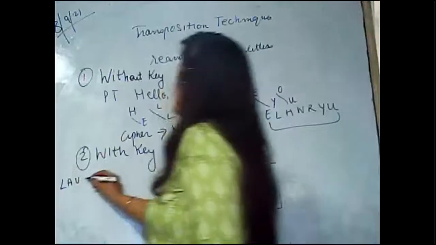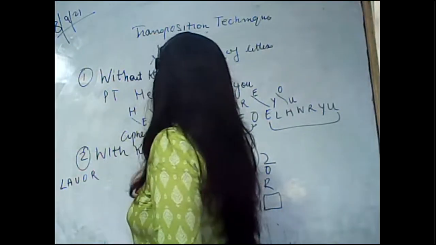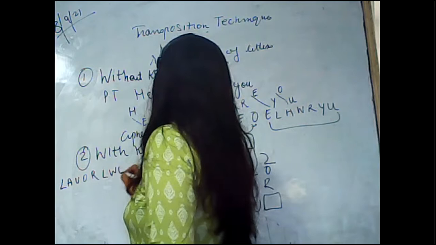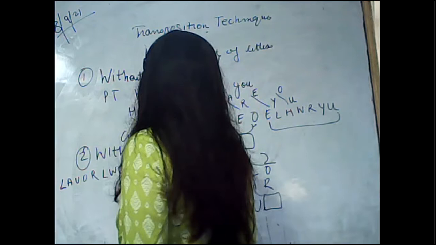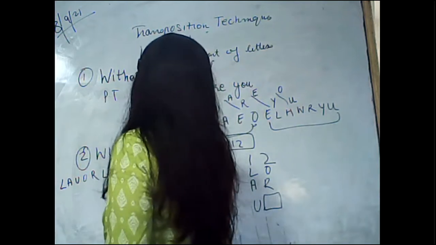First I will write the first column, that is LAU. Now the second is OR. Third we have LWO. Then the fourth, HHE. Then the fifth part over here, that is EO.